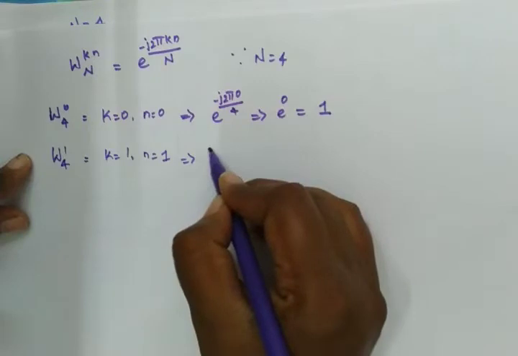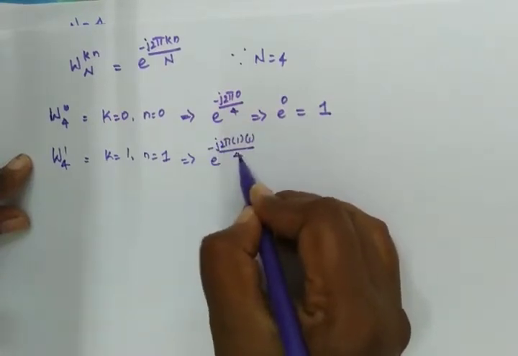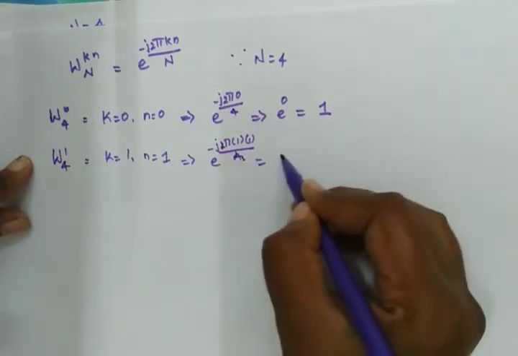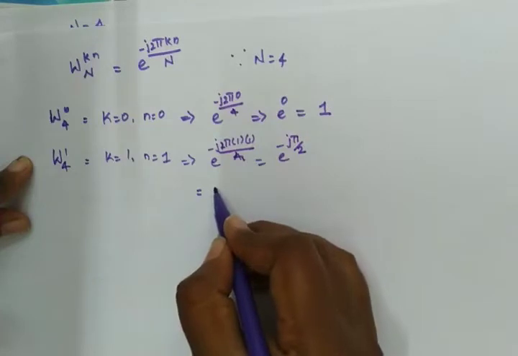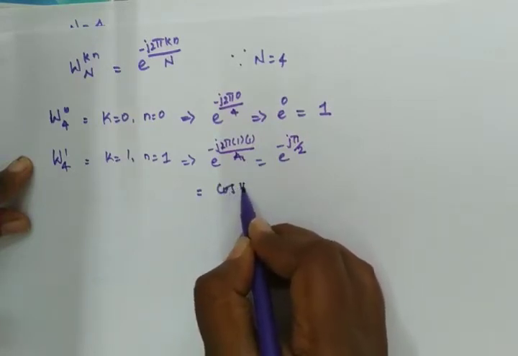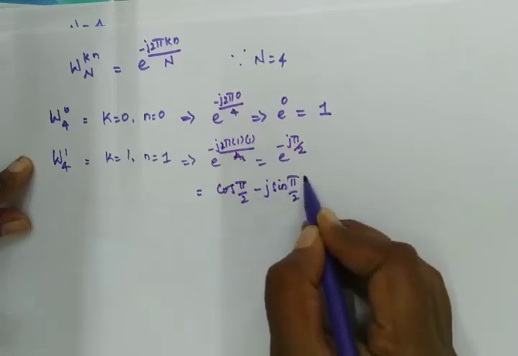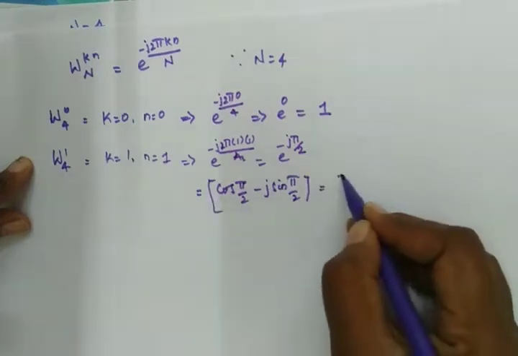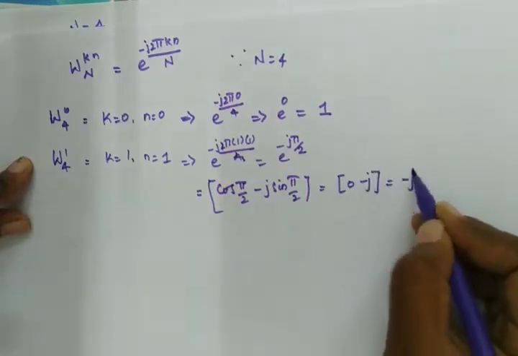So substitute e power minus j 2 pi into 1 by 4. Therefore it is equal to e power minus j pi by 2. Now we can write this as cos pi by 2 minus j sin pi by 2. Now we know cos 90 is equal to 0.